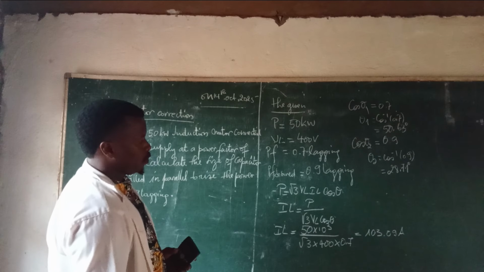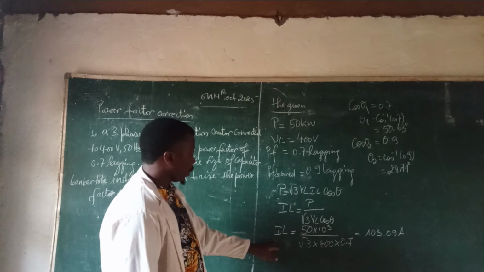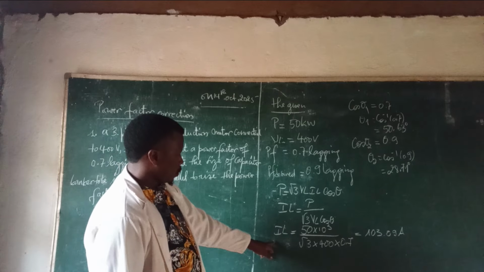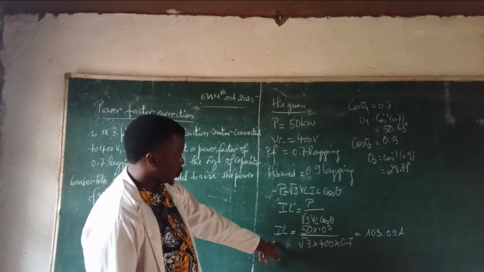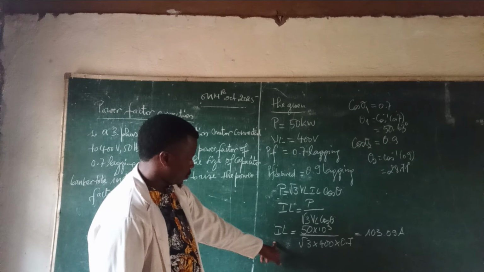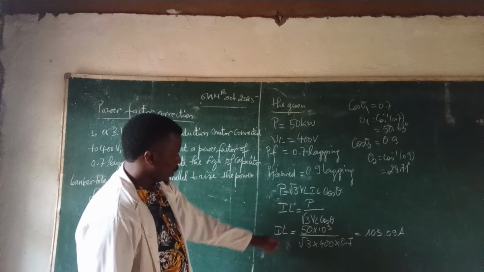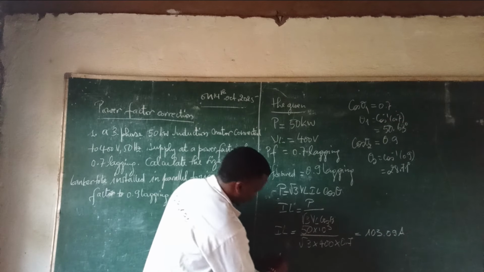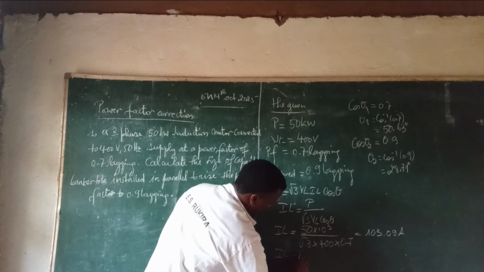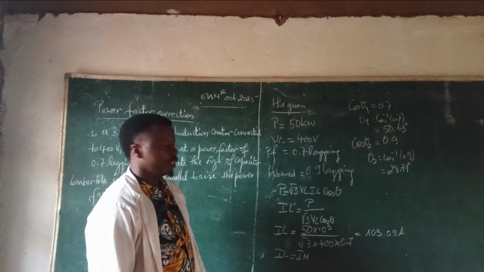Now, for calculating the capacitor bank, we insert a capacitor that will consume some amount of current. The line current I_L is equal to the current that the motor consumes, I_M.